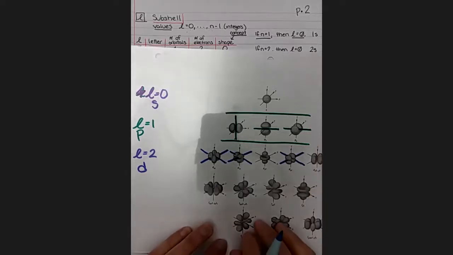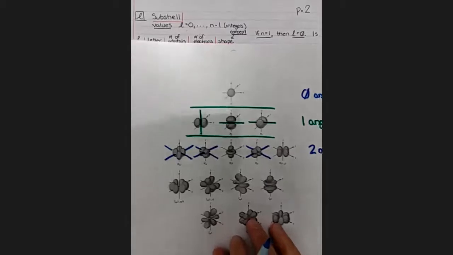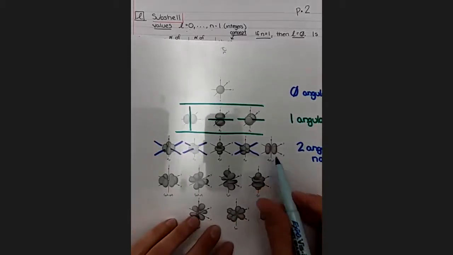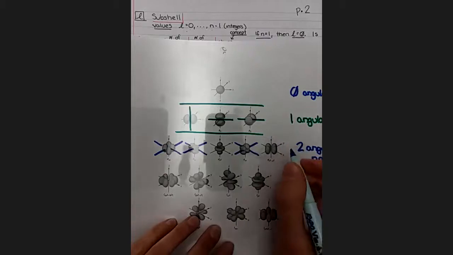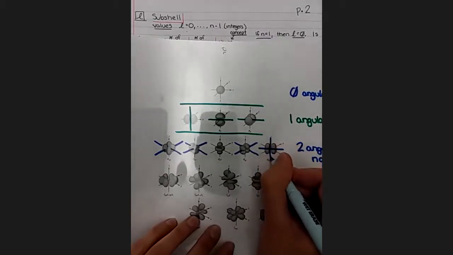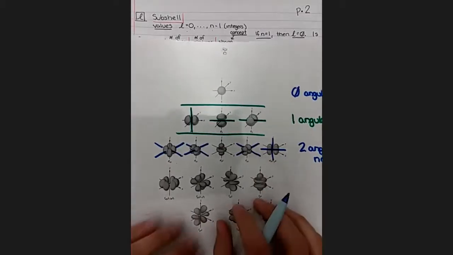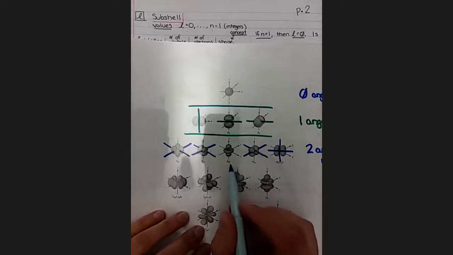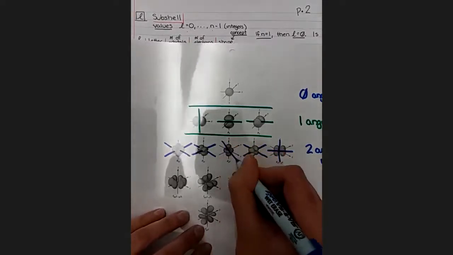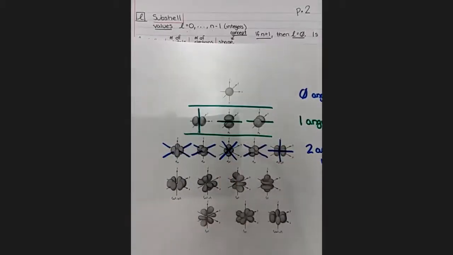So those are our xy, xz, and yz, the ones that sit just off the axes. This one over here, this is the x squared minus y squared that sits on top of the axis. And in this case, our nodes look like this. The nodes are the ones that aren't on the axis this time. And over here in our dz squared p orbital with a donut, they are X-shaped nodes.